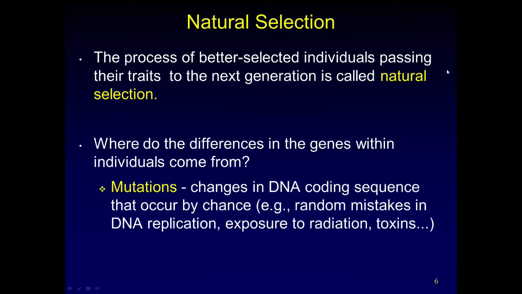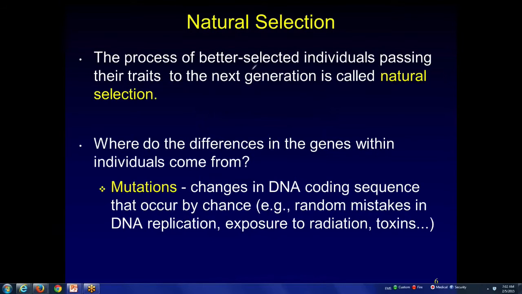All right, so let's talk about natural selection again. Natural selection is the process where better selected individuals pass their traits to the next generation. So it's where nature chooses, if you will, which individuals will survive and which ones don't. Of course, nature doesn't really choose. It's not thinking.